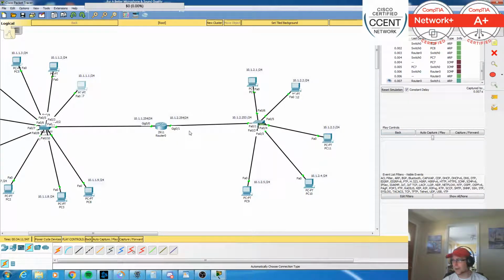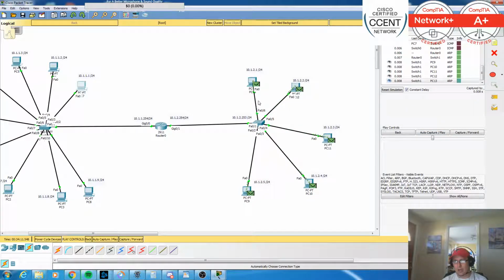Basically, a router can edit a packet's source and destination, and recreate the packet by stripping the header or some of the information off of the packet. I won't go into too much detail because for the CCENT you will not really have to know a lot about that. Like I said, I'm going to try to keep it to what you need to know.